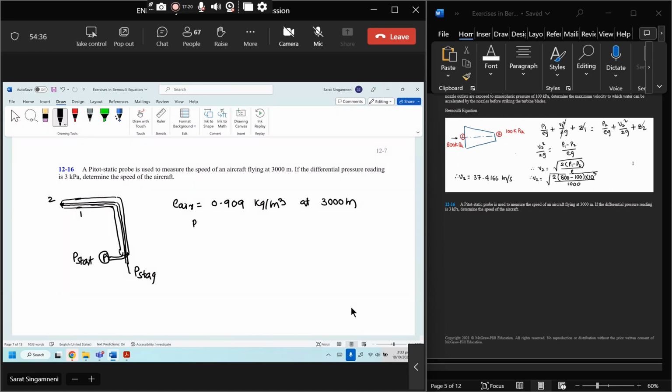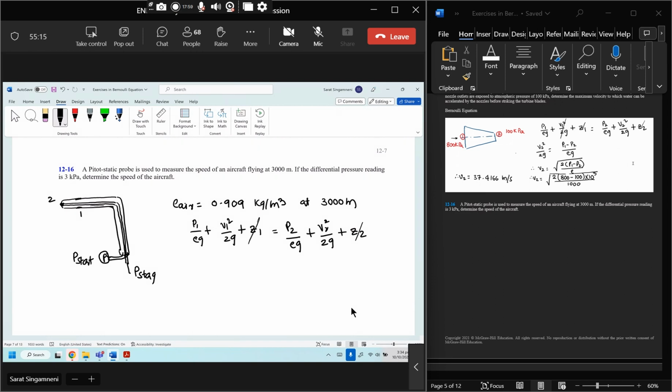P1 over rho g plus V1 squared over 2g plus Z1 equals P2 over rho g plus V2 squared over 2g plus Z2. Z1 and Z2 are the same for those 2 points. And so we are left with P1, P2.